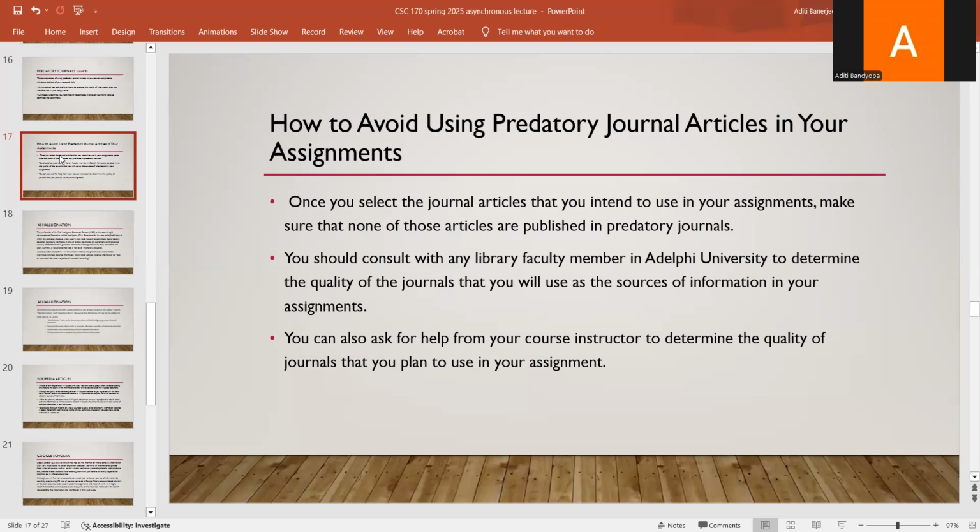You should consult with any library faculty member in Adelphi University to determine the quality of the journals that you will use as the sources of information in your assignments. You can also ask for help from your professor to determine the quality of the journals that you plan to use in your assignment.